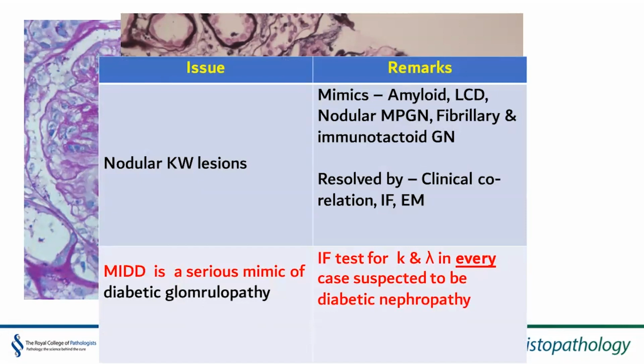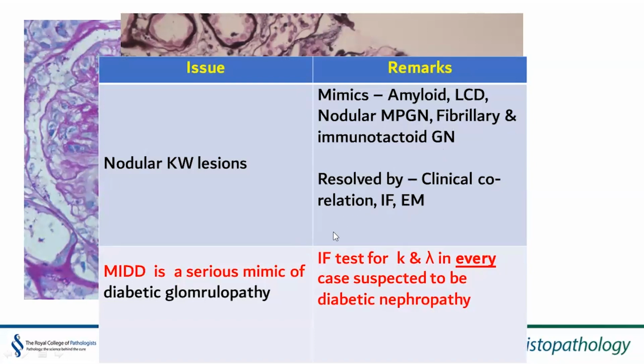So they would do a biopsy to rule out non-diabetic causes of the renal impairment. And there can be many non-diabetic causes. Diabetics can have infection-related glomerulonephritis, they can have other diseases. Also, you have to remember that the nodular KW lesions can mimic, from the pathology point of view, amyloid, light chain disease, nodular MPGN, fibrillary and immunotactoid glomerulopathy.